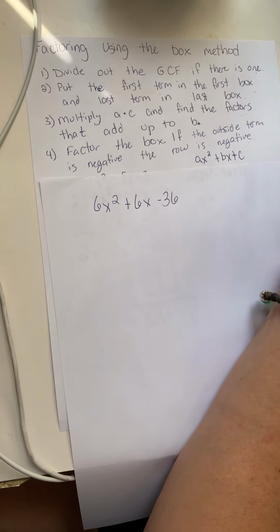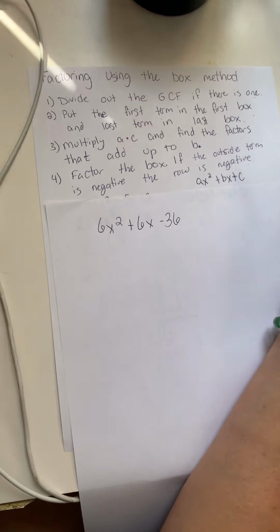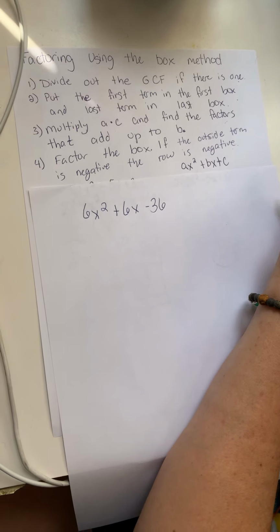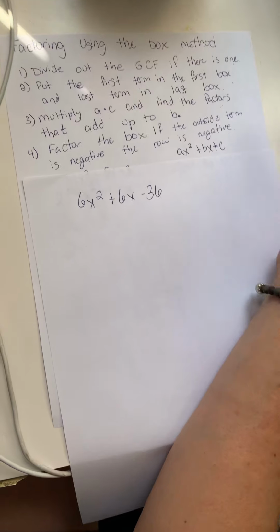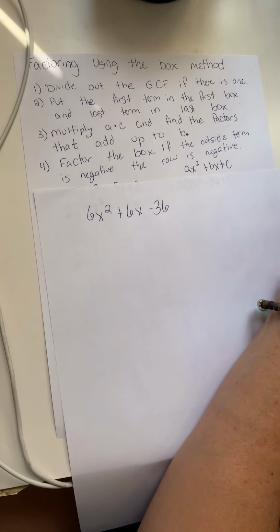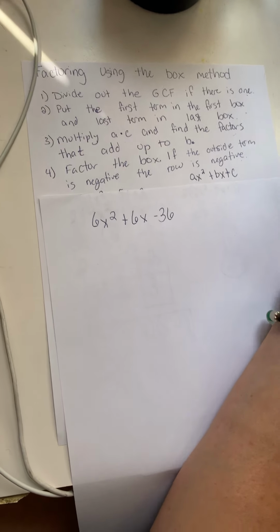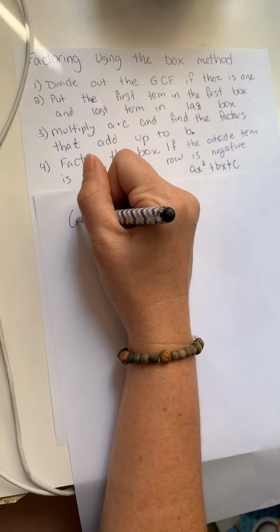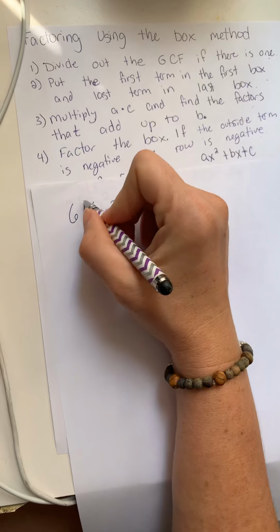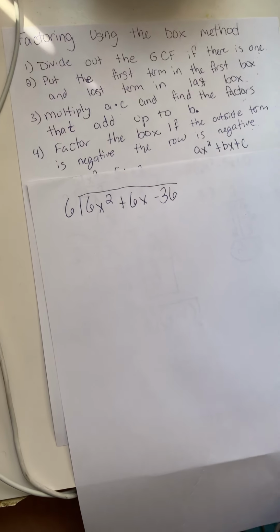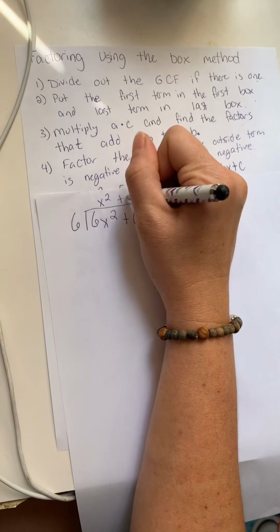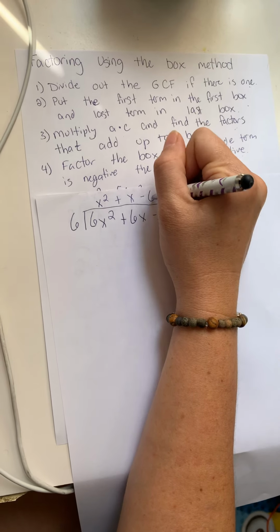All right, so the first thing you want to do, divide out your greatest common factor. Maybe pause it, try doing one on your own, come back and see if you are doing what I'm doing. Okay. So the first thing I'm going to do is divide out my greatest common factor of 6. Okay, so we get x squared plus x minus 6.